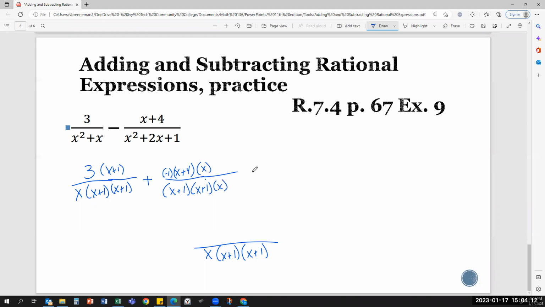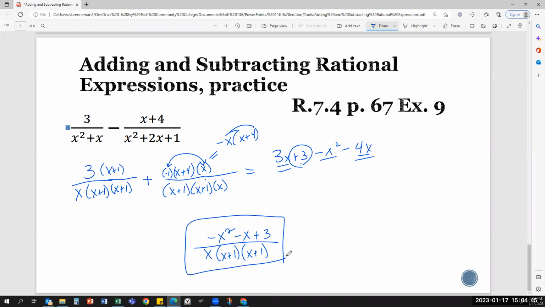All right, so distributing, we have 3x plus 3, and then I'm going to combine the x and the negative 1 together. So that's negative x times x plus 4, which is minus x squared minus 4x. We have the negative x squared, then combining the 3x and the minus 4x gives minus x, and then the plus 3.